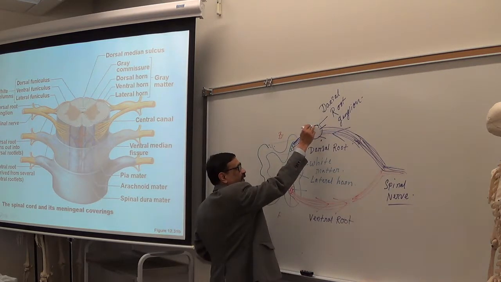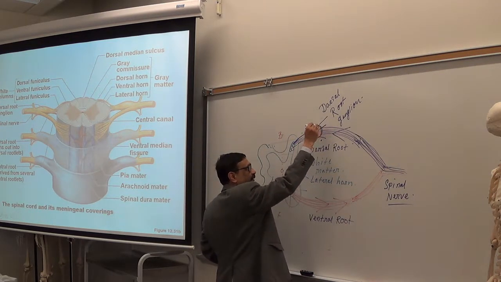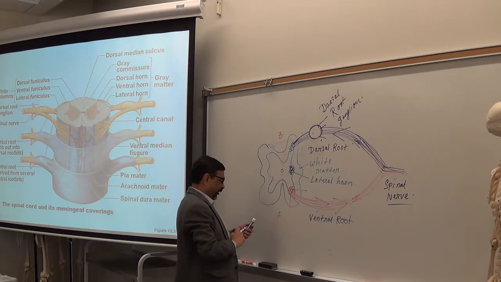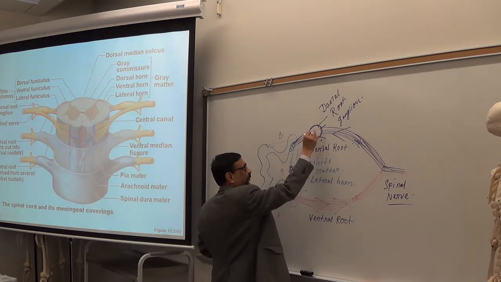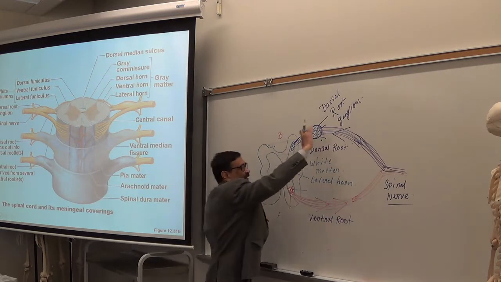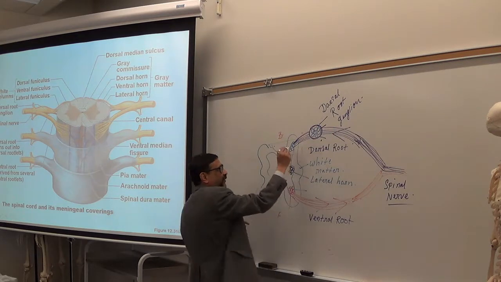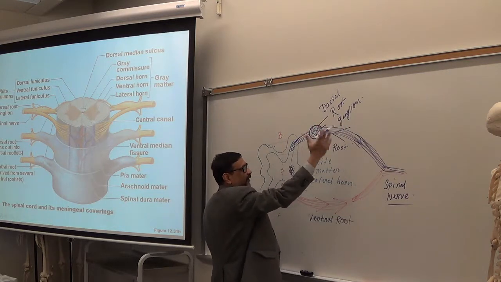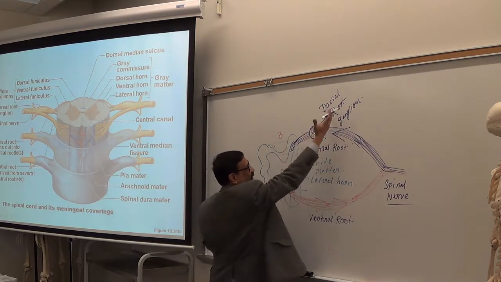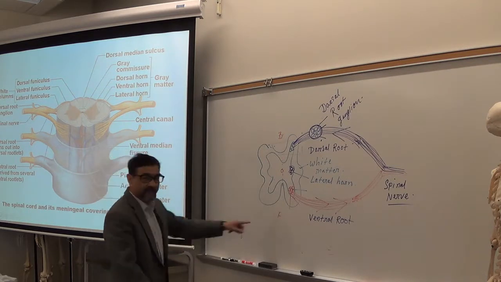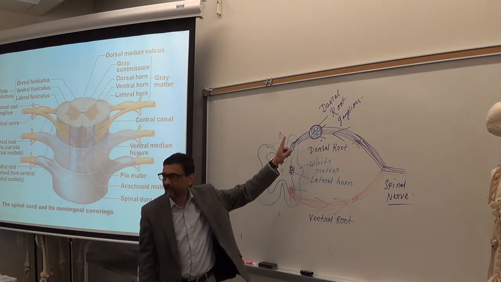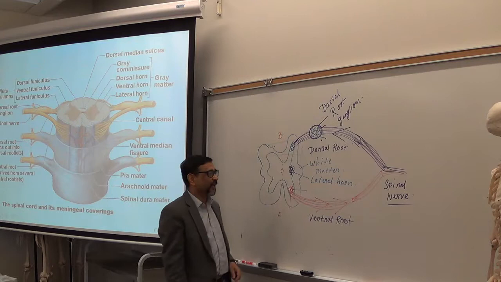Inside this ganglion, you have another group of sensory neurons. Everything on this side is sensory, remember. These are sensory neurons in the dorsal horn. These are sensory neurons in the dorsal root ganglion, the ganglion in the dorsal root. That's why it is called the dorsal root ganglion. In the ventral root, you don't have any ganglion. Only the sensory pathway, dorsal, has a ganglion.